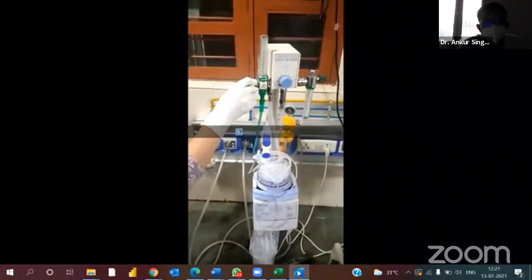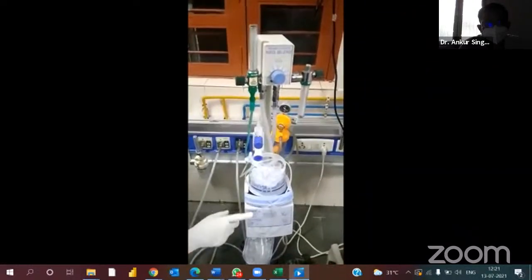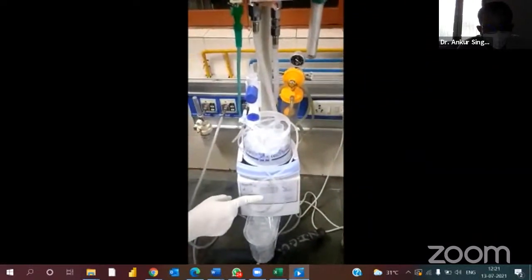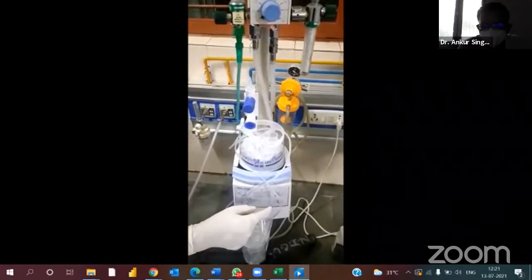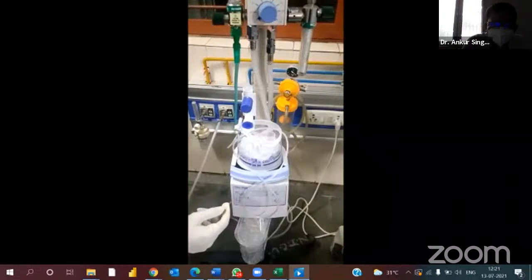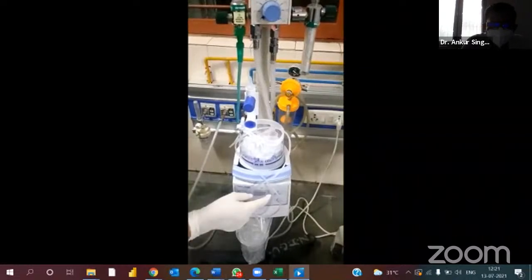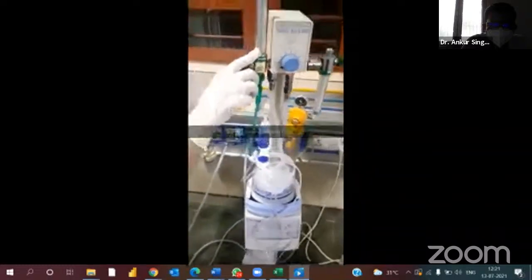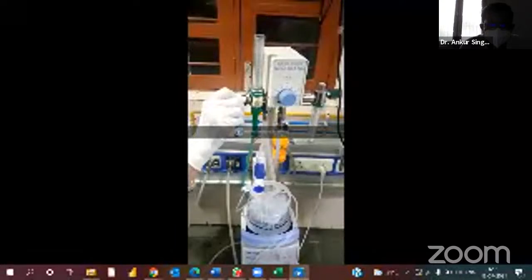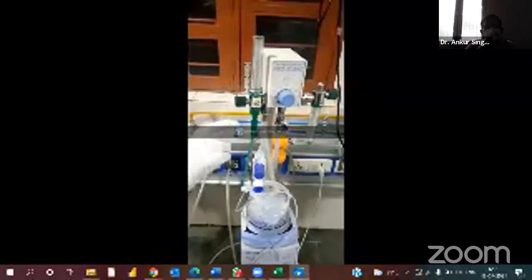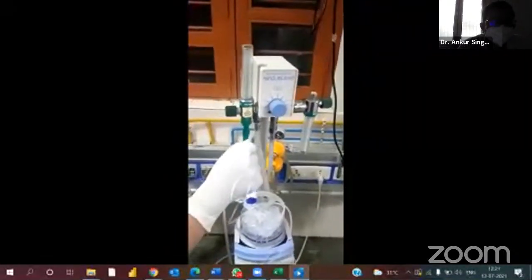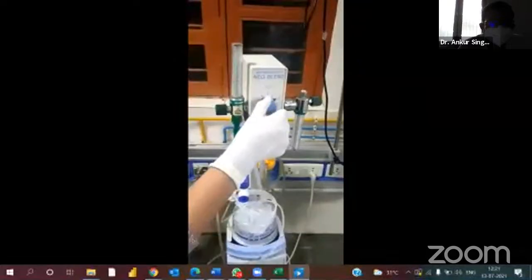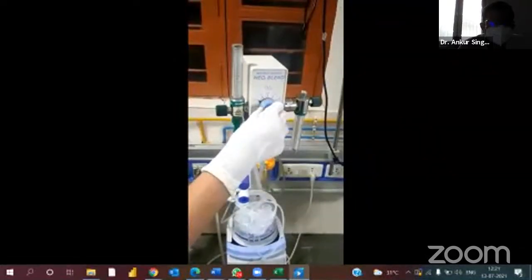This is the humidifier, which has a screen which shows the humidifier temperature, and it has an alarm system if the temperature exceeds. This is the flow meter to adjust the flow of oxygen. Usually we set it up to the mark of 5 liters per minute. This is the blender to adjust the mixture of oxygen and air, ranging from 21% to 100% oxygen.